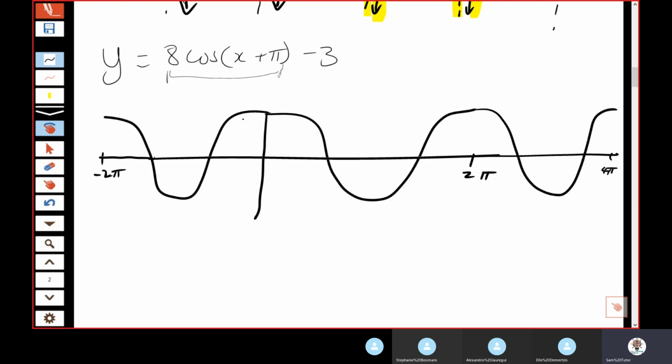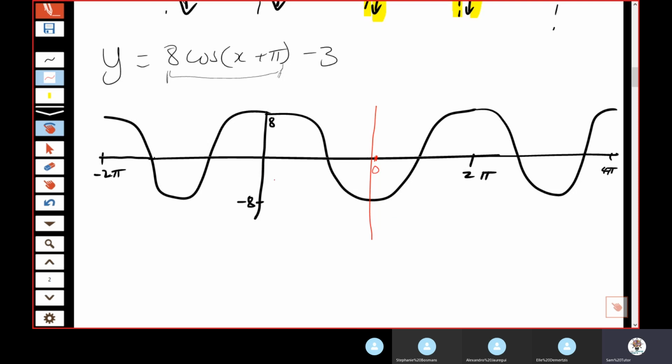All right, that's your normal cos curve. There's your 8 and minus 8. Now we've got to move this whole graph to the left pi, or move my axis to the right pi. So that becomes my new axis, which is at 0.